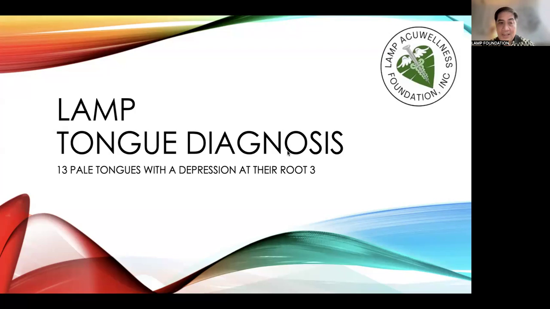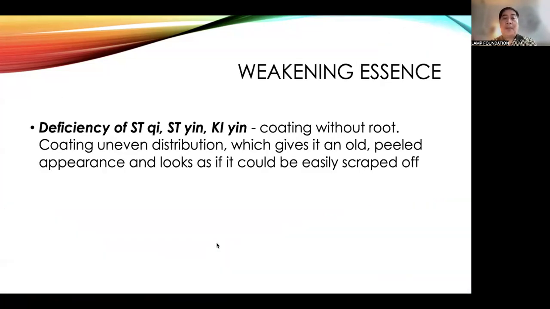Tongue diagnosis made easy, and we shall continue discussion of the pale tongues with the depression at their root. When you say deficiency of the stomach chi, which I mentioned earlier, there is no root of the coating.